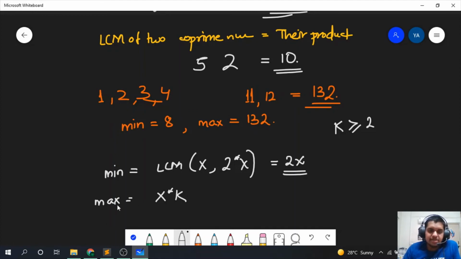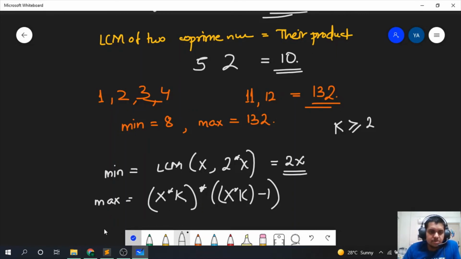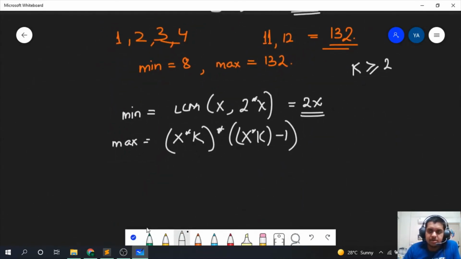So the maximum LCM is the product of x·k and (x·k − 1). In the code, remember that if you are using C++, you should use long long because the value will not fit in the 32-bit range, so you need 64-bit integers. Now let's jump to the implementation.